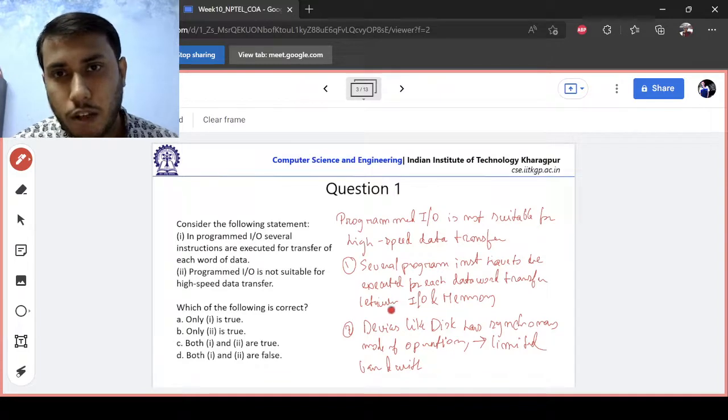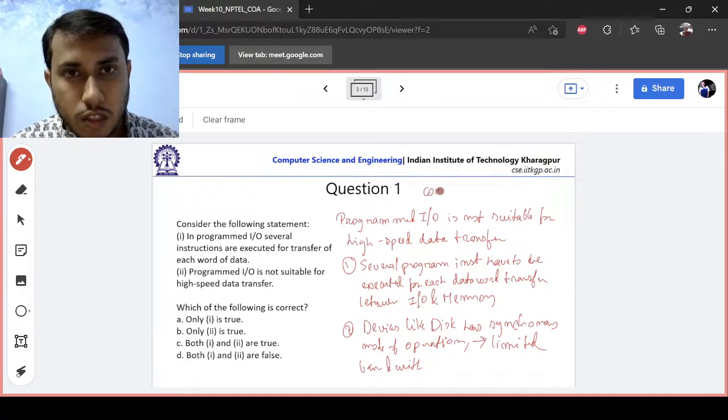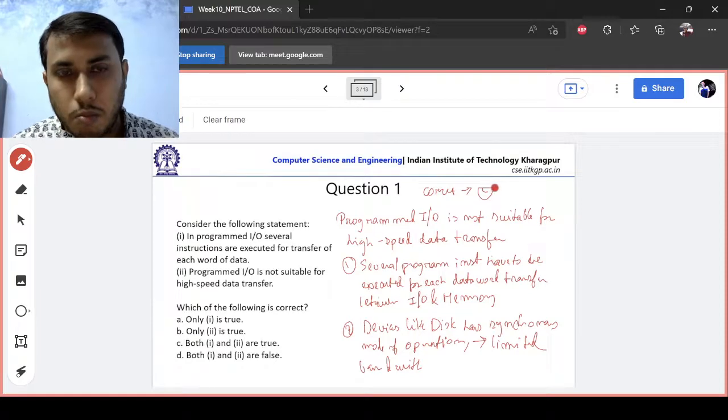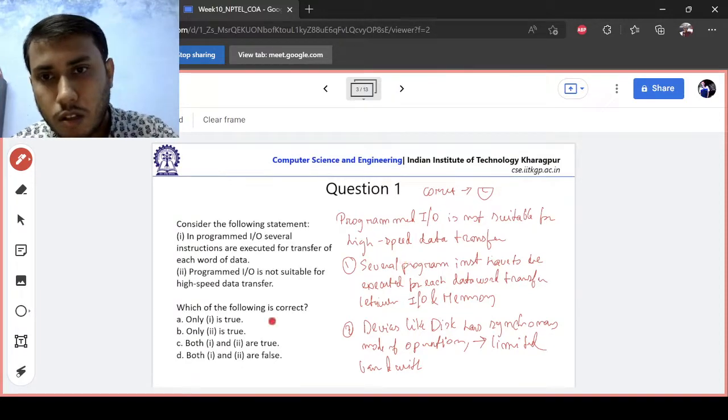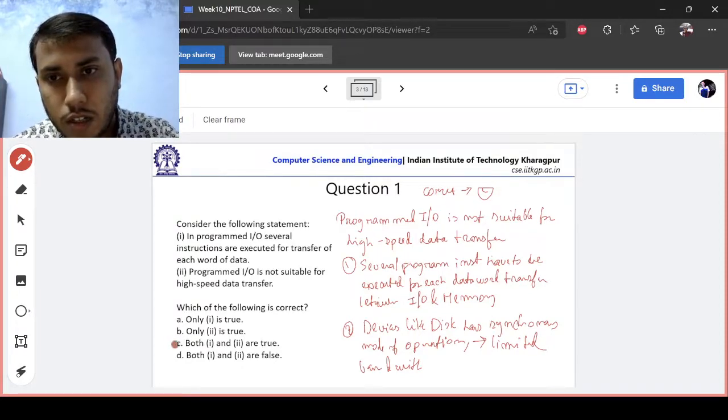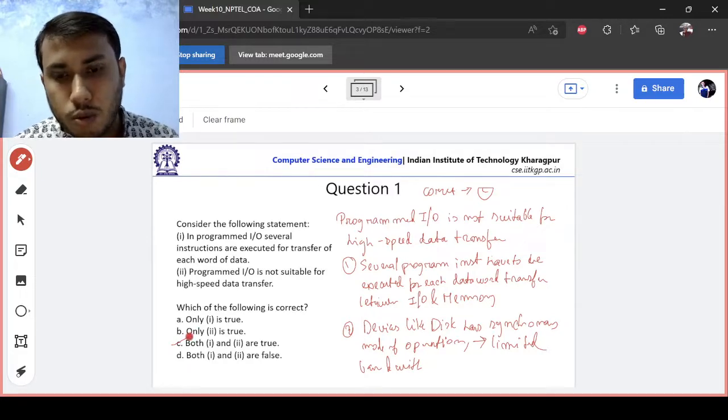So the correct option will be option C. Both 1 and 2 are true. Both of them are true.